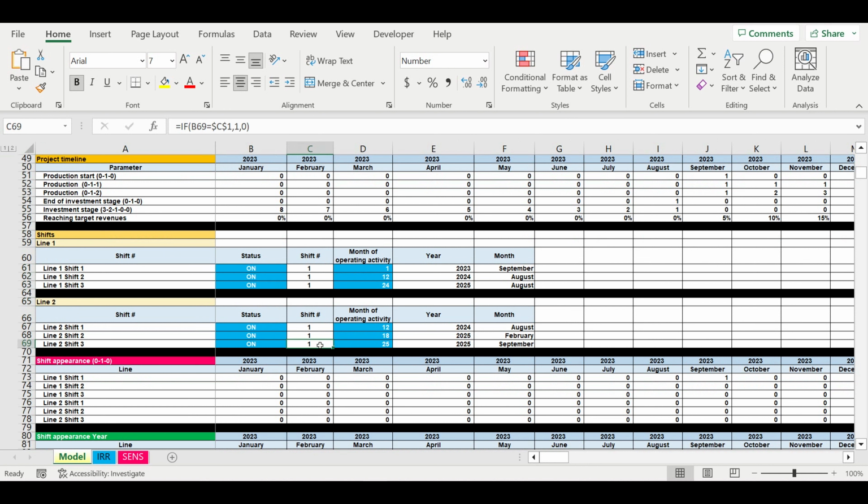The first thing that future business owners want to look at is the payback period in the base scenario, and then they ask a very simple question: what if we work only 1 shift? So we are just switching off the shifts for line 1, and we are switching off the shifts for line 2.